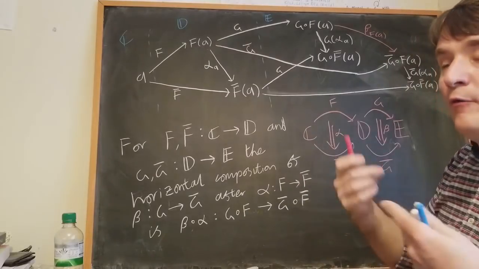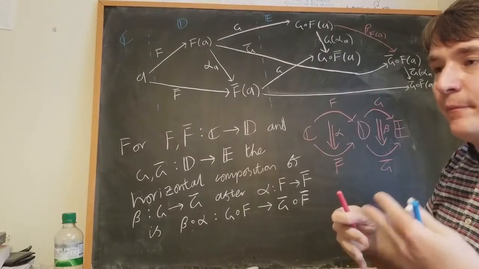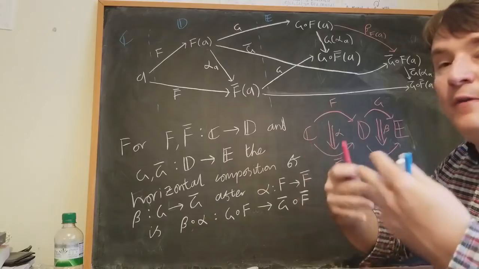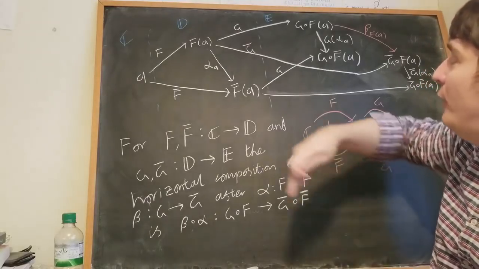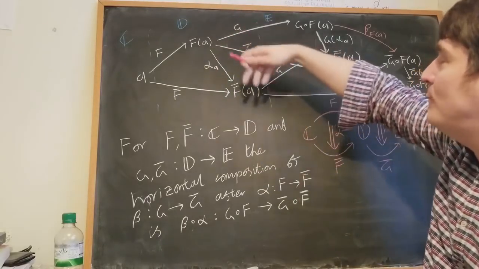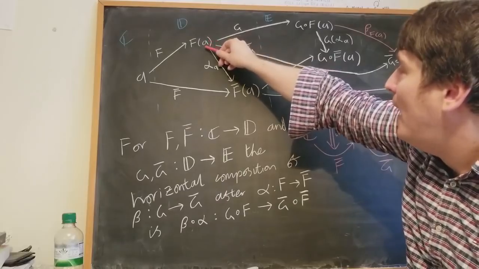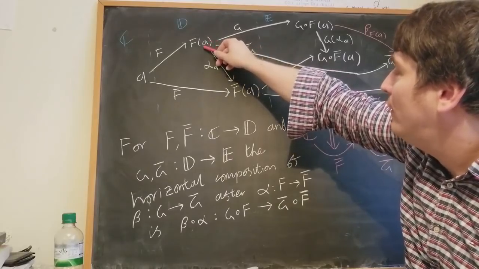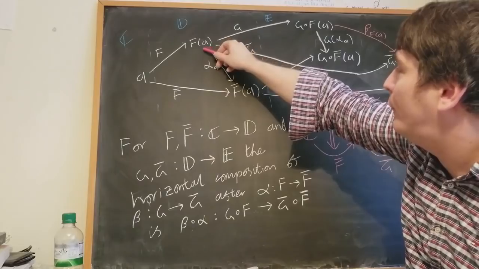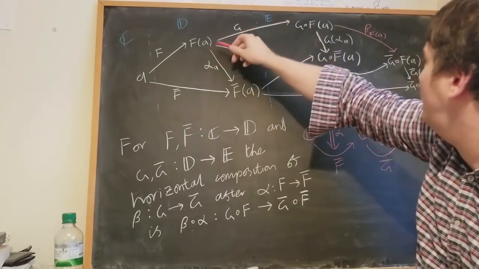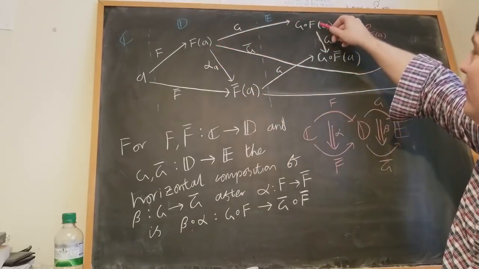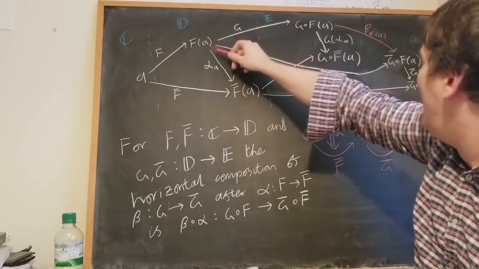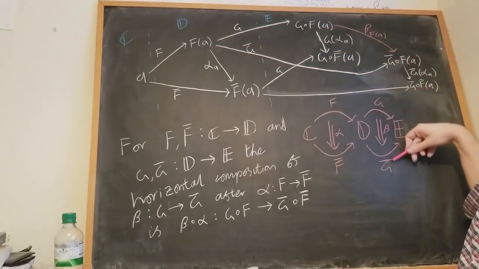Remember that the component of a natural transformation associated with an object in the source category goes from where that object got sent to under the first functor to where that object got sent to under the second functor.